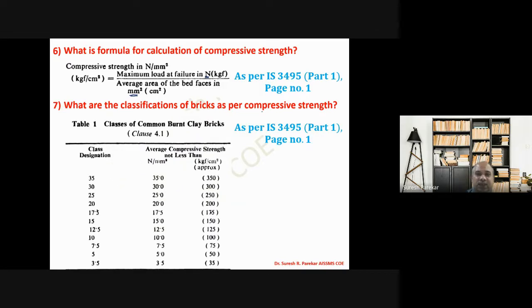We have actually 11 classifications, 1, 2, 3, 4, 5, 6, 7, 8, 9, 10, 11, and these are according to the average compressive strength. So if I say the class for bricks as per compressive strength is 35, it means our average compressive strength should be 35. So classes are according to the compressive strength of the brick.